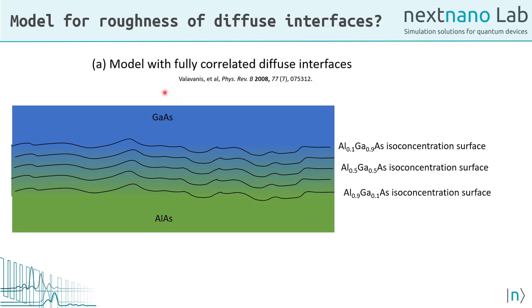First, I want to give another picture of these two cases. So I go back to this model of Valavanis. In this case, if you define different isoconcentration surfaces through the interface, this model is equivalent to assuming that these different surfaces are of the same shape.